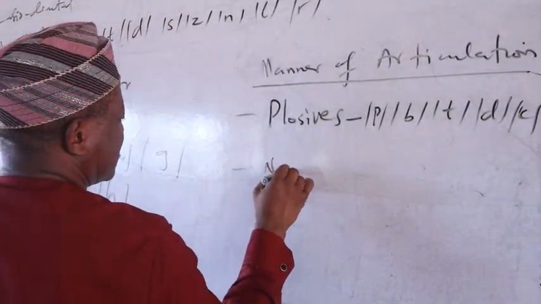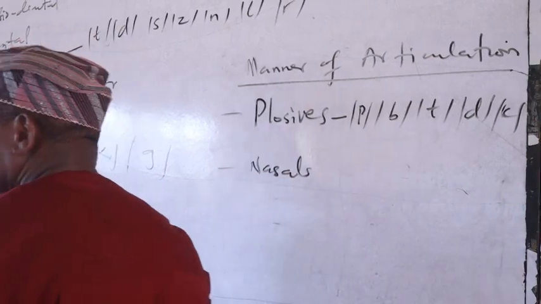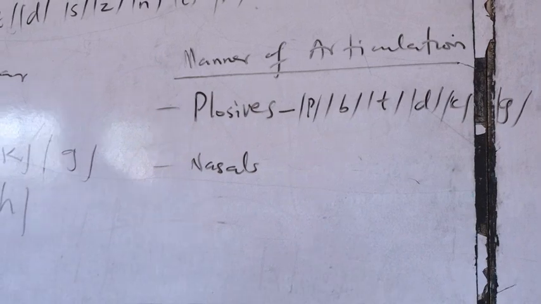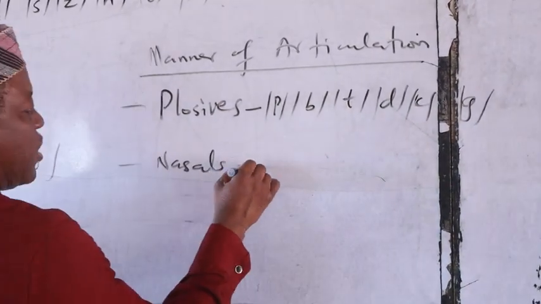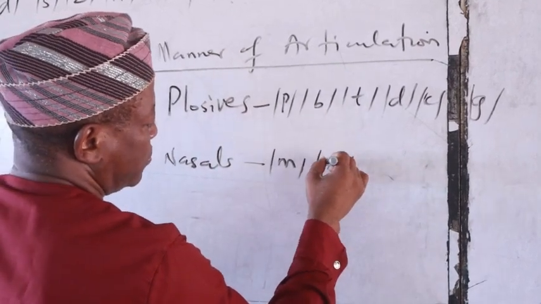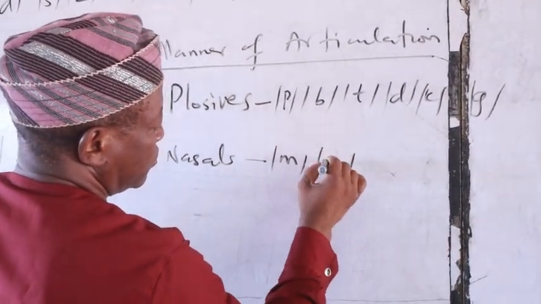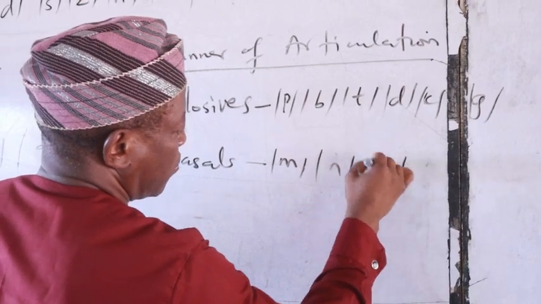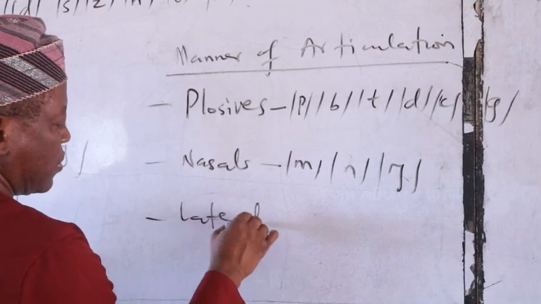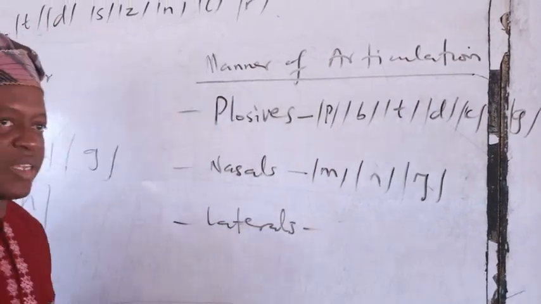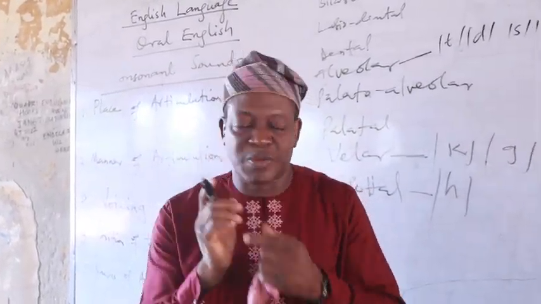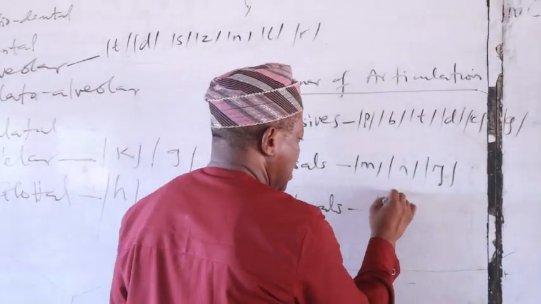We have nasals. That is, air is coming through the nose. How many of those sounds do we have? We have the laterals. Laterals, the air is coming through the two sides of your mouth.